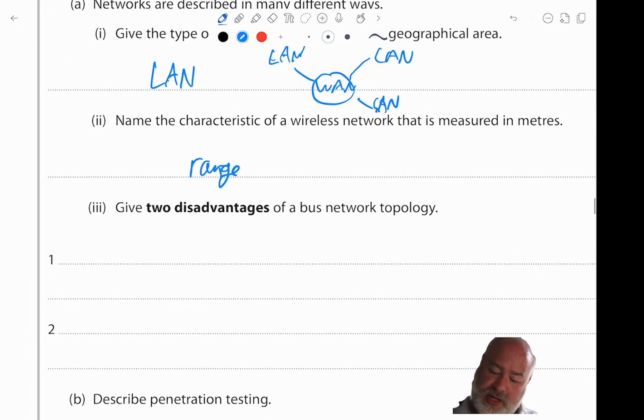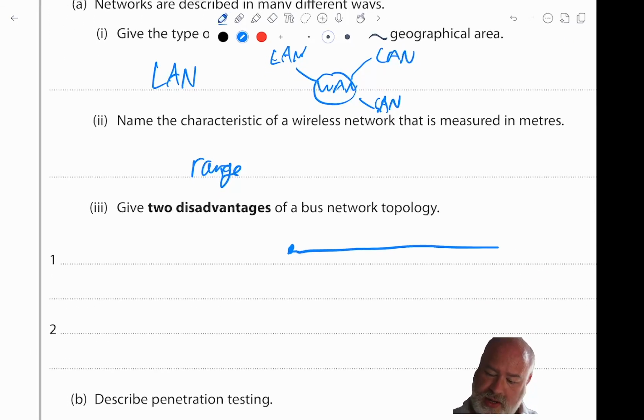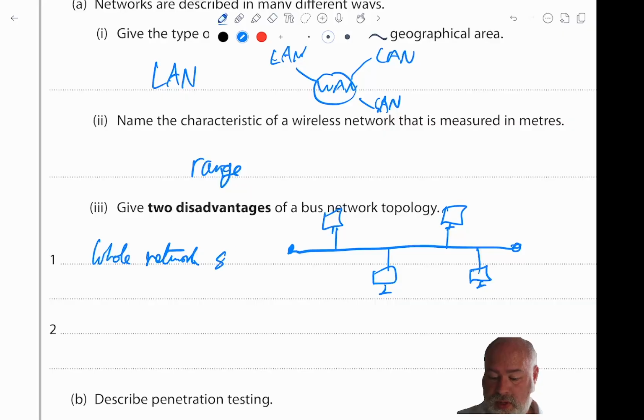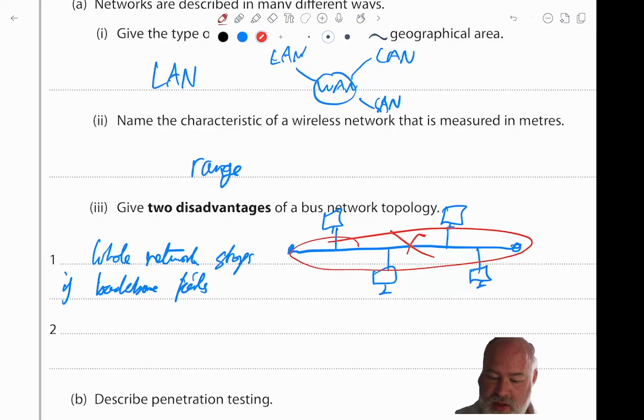Give 2 disadvantages of a bus network topology. Well, you've got 2 terminators, and then you've got all of these computers going off this one line. So it's best to just draw it out. It'll help you. There are lots of problems with bus networks. If the backbone fails, right? If this central line fails, then the whole network stops.